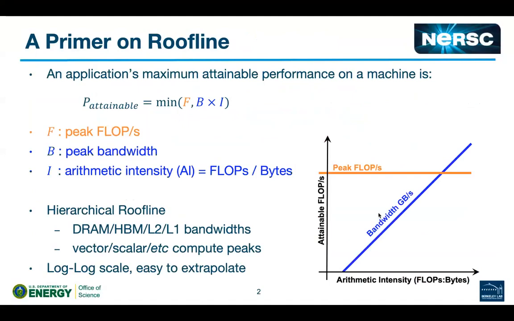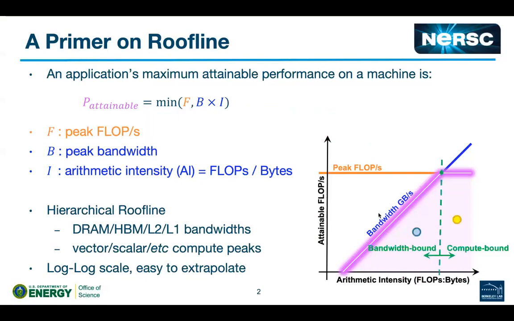So what Roofline says is that you're bound by the combination of the two. When you're in a bandwidth bound region, you're bound by the product of the peak bandwidth and the arithmetic intensity of your code on this platform. And then if you're in the compute bound region, you're bound by the peak flops.